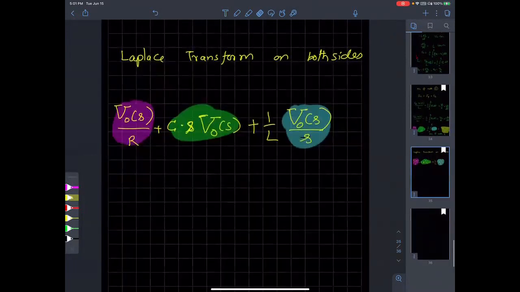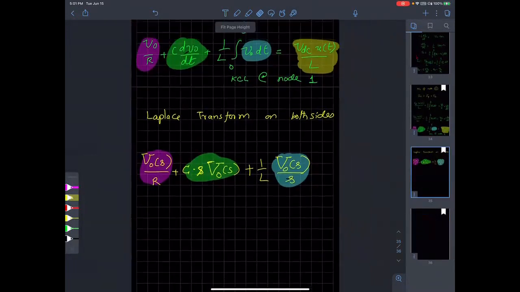We have a U of t on top, so that's going to give us on the right hand side VDC over L times 1 over S, so 1 over SL.